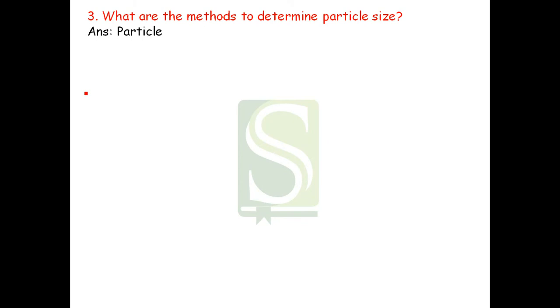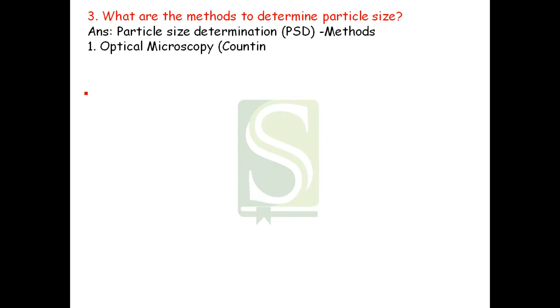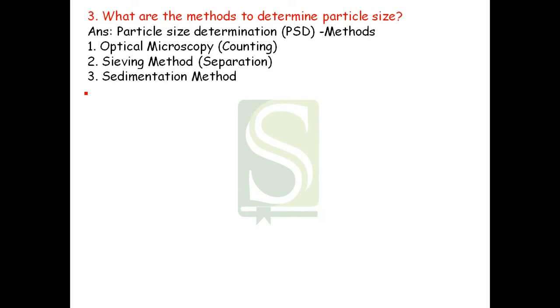The next question might be, what are the methods to determine particle size? There are n number of methods. You just have to enlist a few of them. For determining the particle size, you can go for optical microscopy, you can go for sieving method, then you can go for sedimentation method, or also you can go for conductivity method.